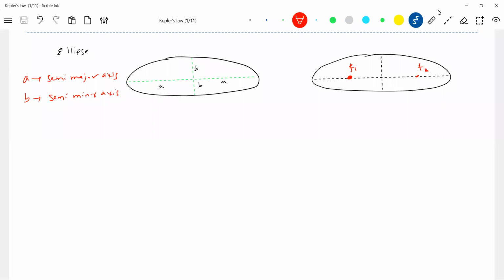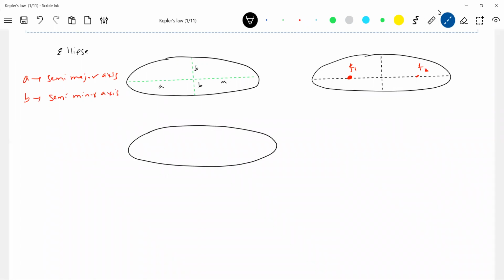So what about the relationship there? If this is the distance R1, I call, okay, let me give another diagram. Let me choose one of the foci.